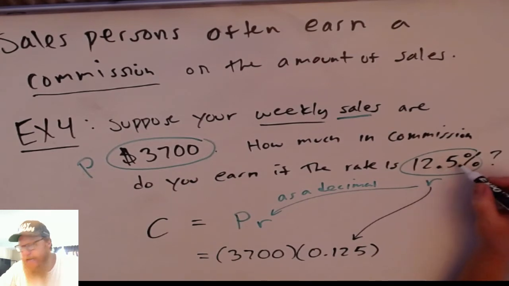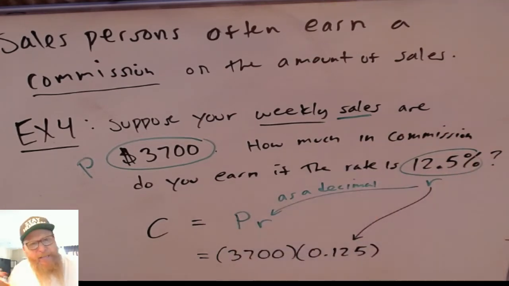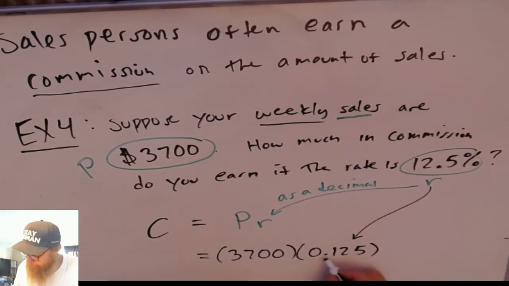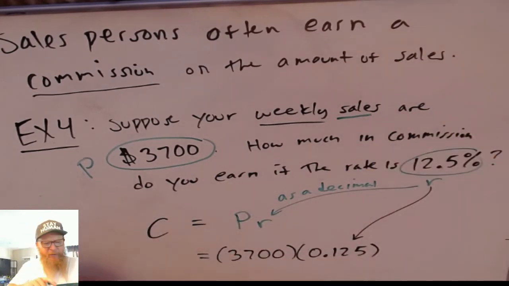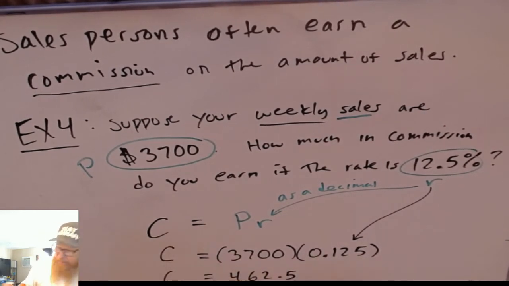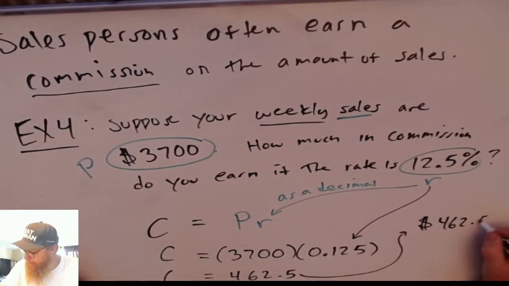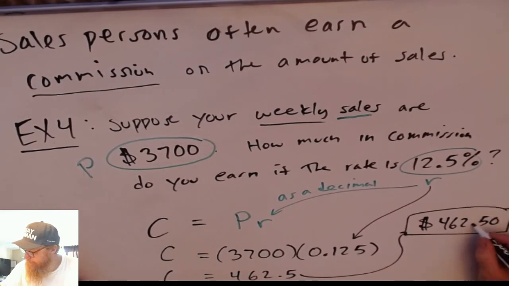Remember, you take the 12.5%, you divide it by 100, get rid of the percentage sign, and move the decimal 2 places to the left. So $3,700 in sales, multiplied by 0.125, and that gives you 462.5. So your commission is $462.50.